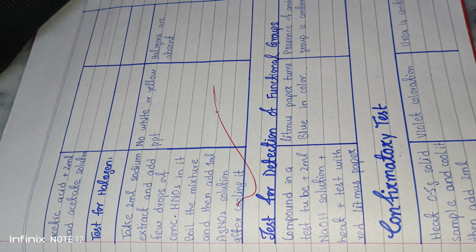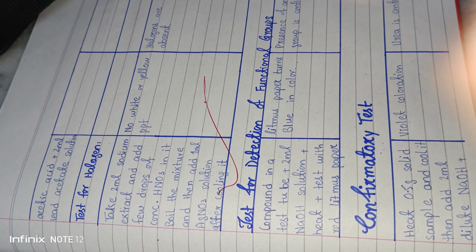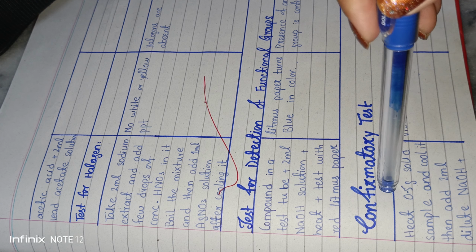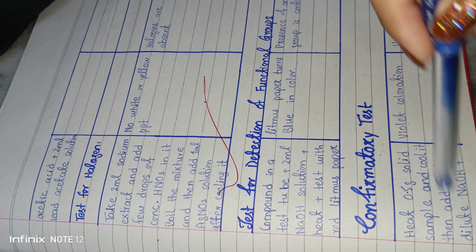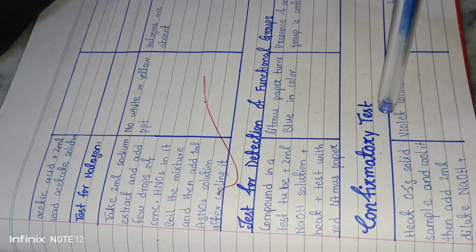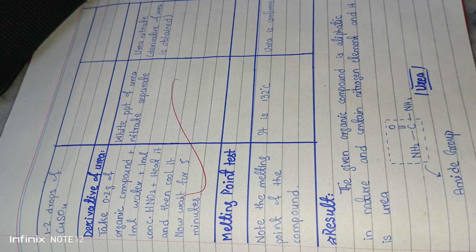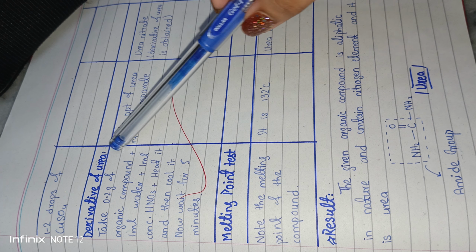At the last, you are going to perform the confirmatory test, and you will say that it is confirmed that urea is present. You heat 0.5 gram of that sample, then cool it, and then add NaOH to it. A violet coloration appears, so you say that urea is present. Another confirmatory test is also given, the derivative of urea.